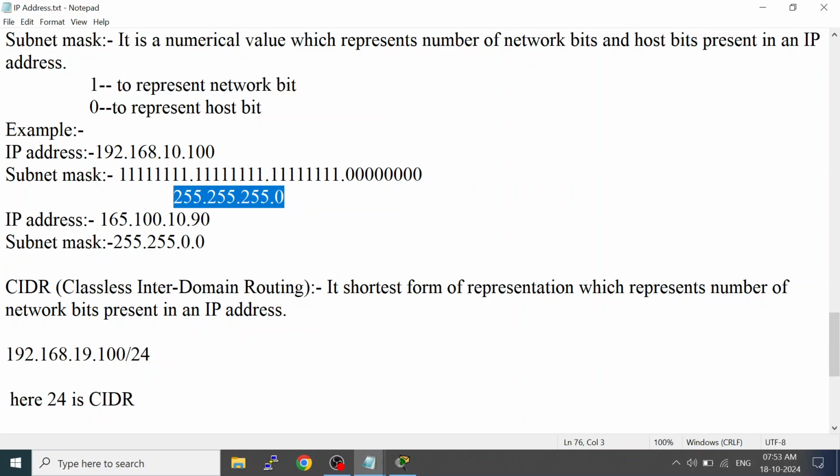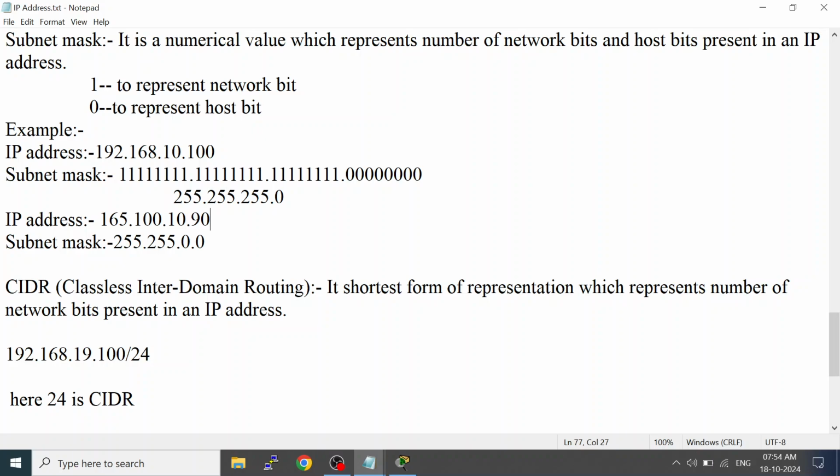When we give this value to the computer, the computer converts it into binary and comes to know that 3 blocks are network and 1 block is host. Understood? Similarly, for class B, 2 blocks are network, so 255.255, and 2 blocks are host, 0.0.